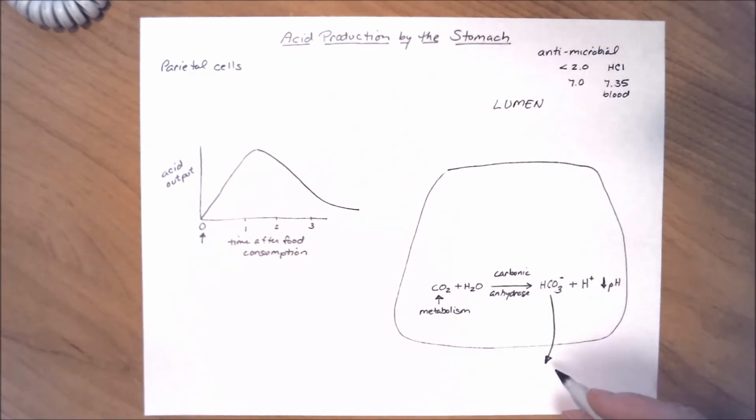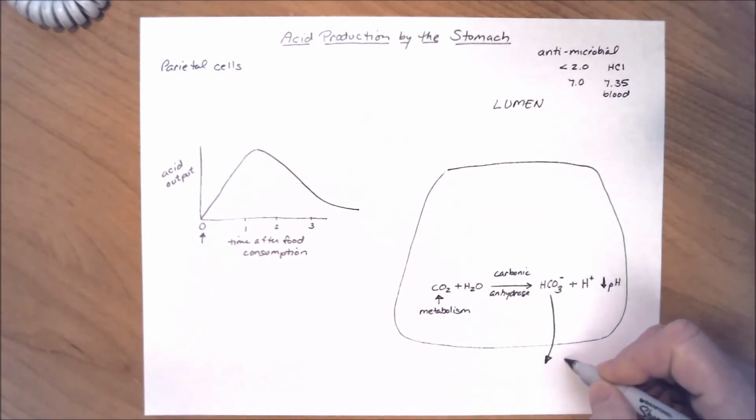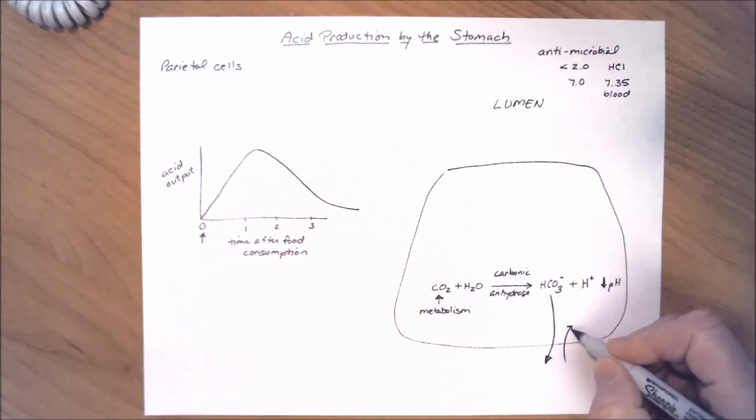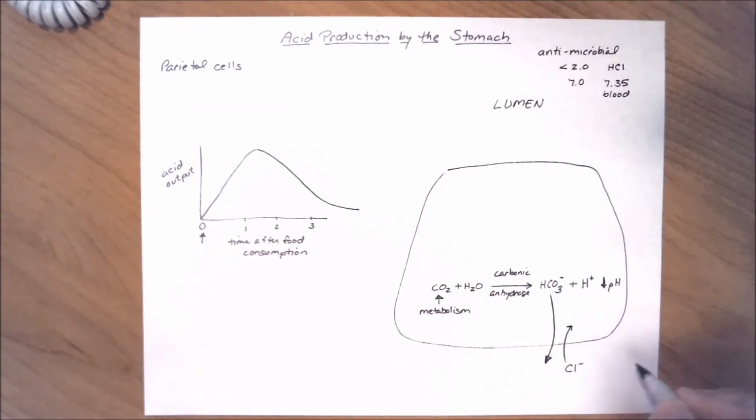This is the side of the cell that faces the interior of the body, opposite of the lumen. When this happens, we exchange for chloride ion, chloride coming from the blood. This transporter couples bicarbonate export and chloride import, and is considered an antiporter.